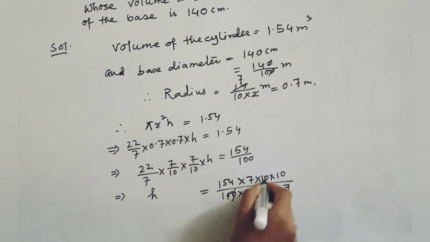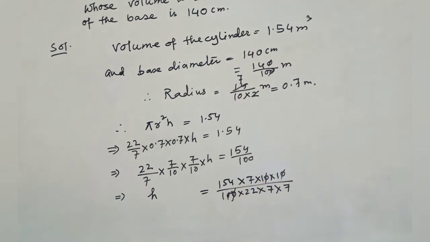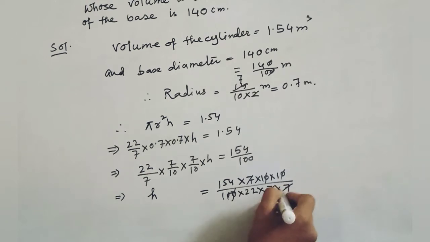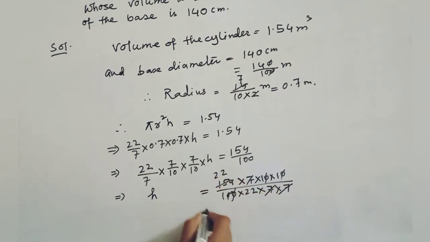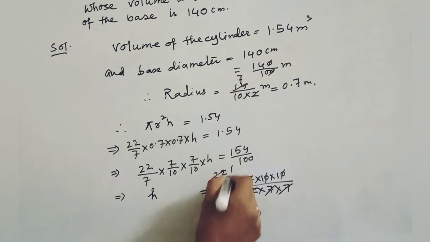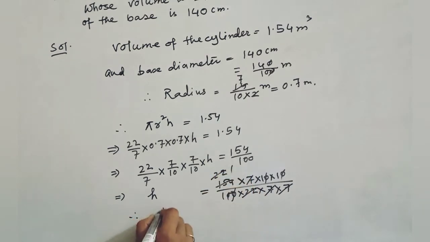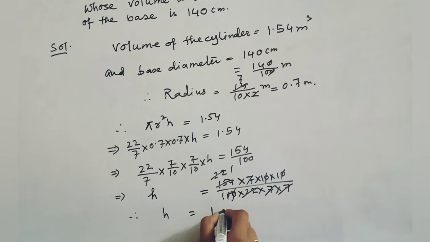Now 100 we can cancel by these two tens. Now 7 also cancels by 7. We can divide 7 into 154 to get 22. Now this 22 and this 22 will be 1. Therefore height is equal to 1 meter.